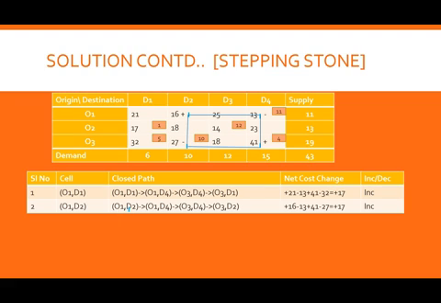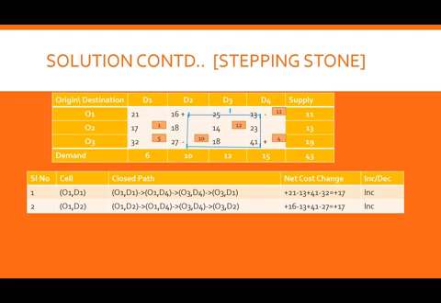So O1D2, O1D4, O3D4 and O3D2 forms the closed loop. Find the net cost change here. It will be plus 16, minus 13, plus 41 and minus 27, which will once again lead to a plus 17, an increase in the cost.